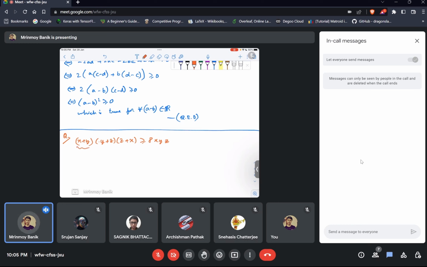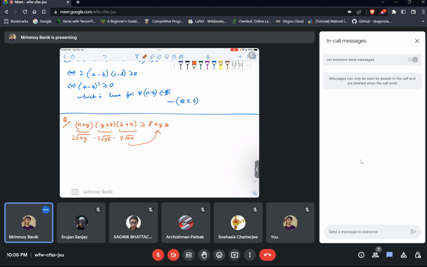You apply AM-GM for two observations on each of the factors of the LHS. You get 2 square root of xy, 2 square root of yz, 2 square root of zx, and just multiply to get 8xyz. One line, right?